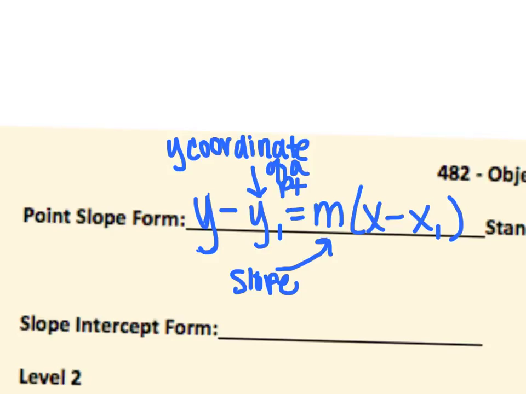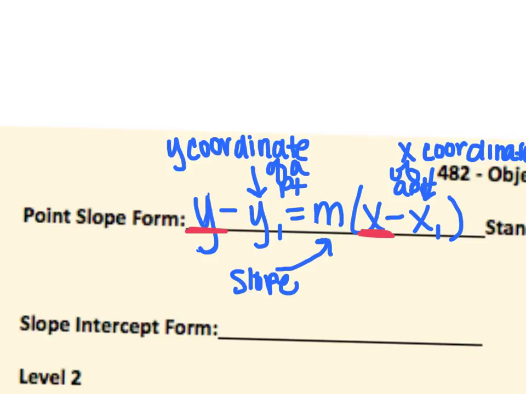And then x1 is the x coordinate of a point. Okay. The first x and the first y, and this one over here, those will always just stay x and y.